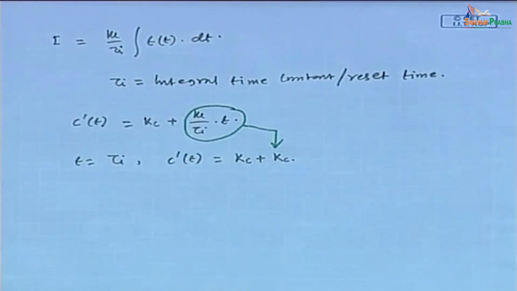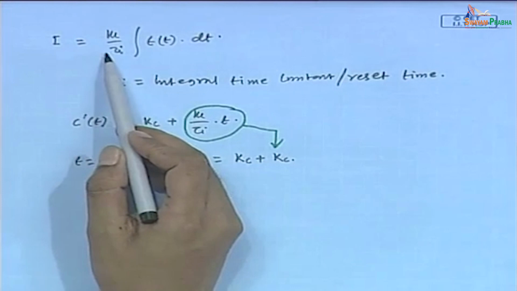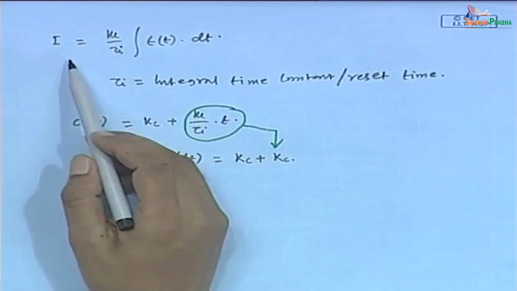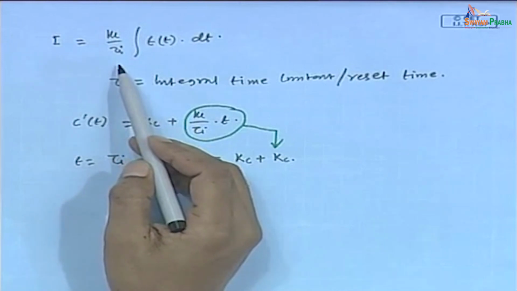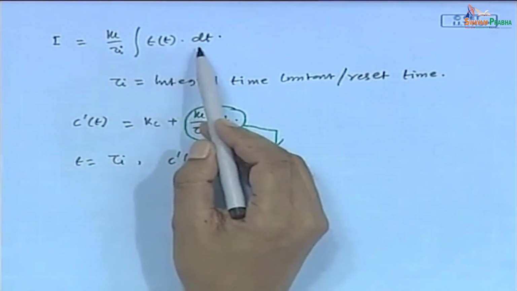Understood or not? For the PI controller, one additional term is there, that is integral action. The integral action can be represented by this form: Kc divided by tau I, integration of error t dt.